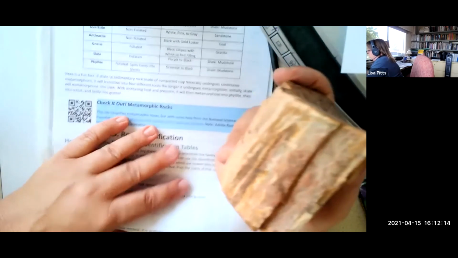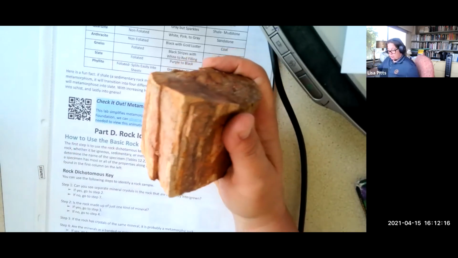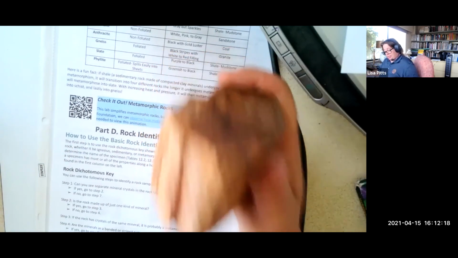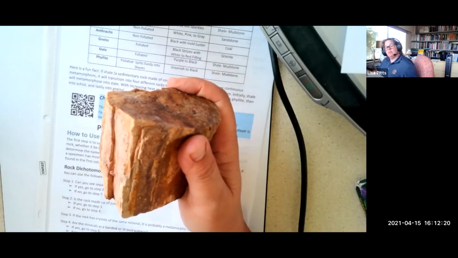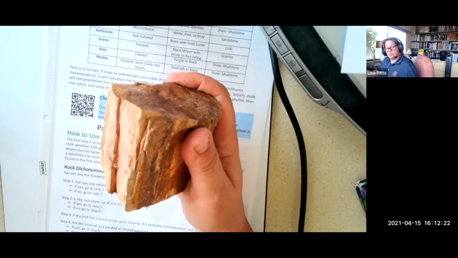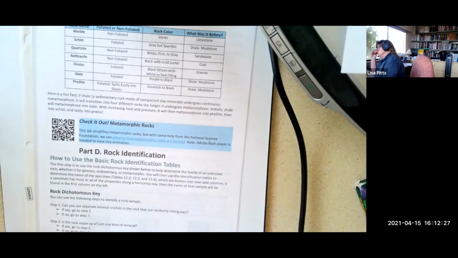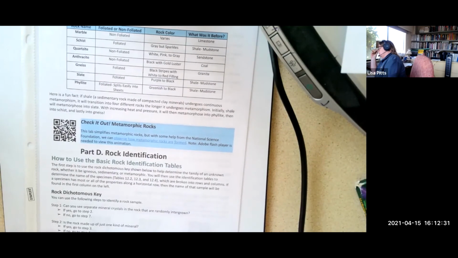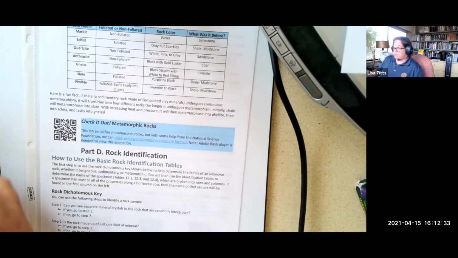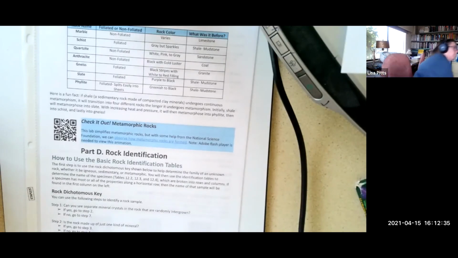It doesn't look like it came out of a volcano. Let me make sure I didn't check that. That's a good question. Pitts, are you sure that it's on the list of rocks that we have? It's not. That's not nice, Pitts. Let me go get a rock that's actually on our list. Hold on. Talk amongst yourselves.